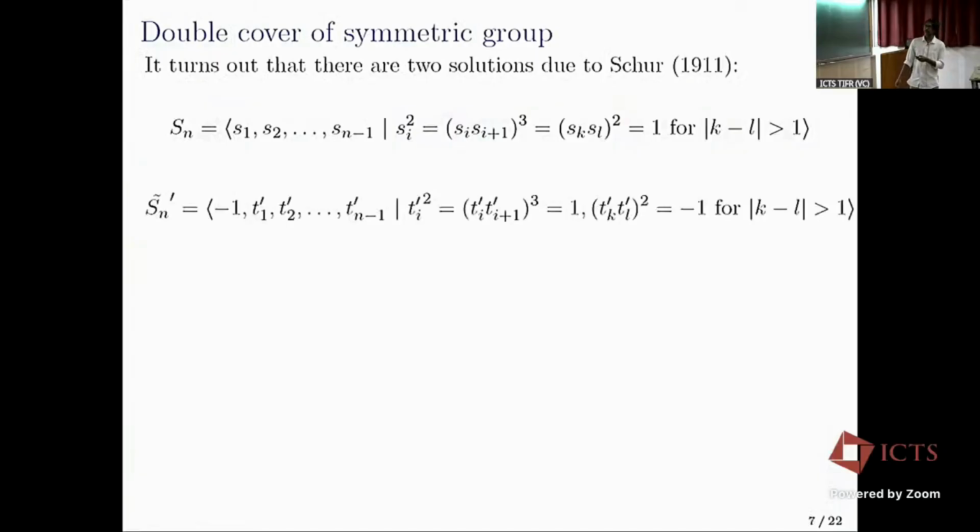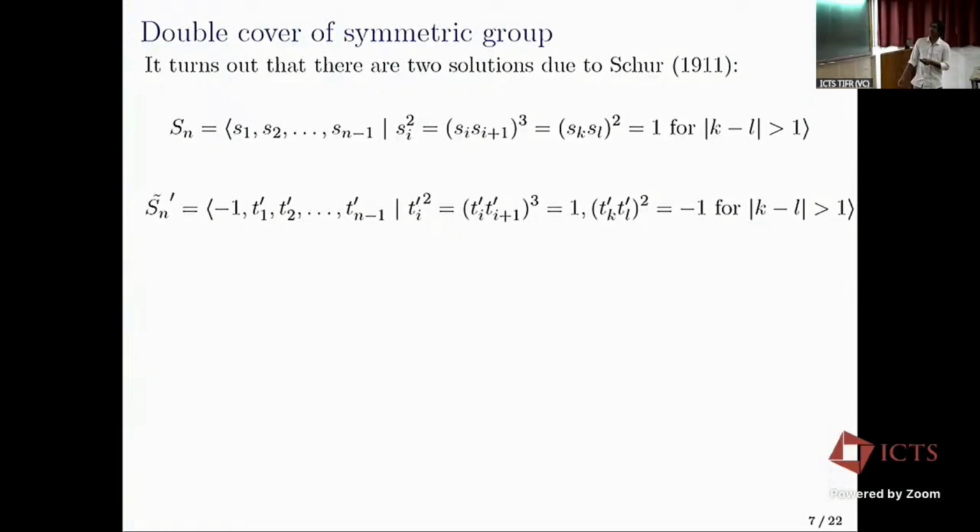The one is as follows. Now we have one more generator, z, which is of order 2, equal to minus 1. And there are n-1 generators again, which are going to be analogs of our transpositions. We define our transpositions to have order 2 and successive ones, meaning the 3-cycles, to have order 3.